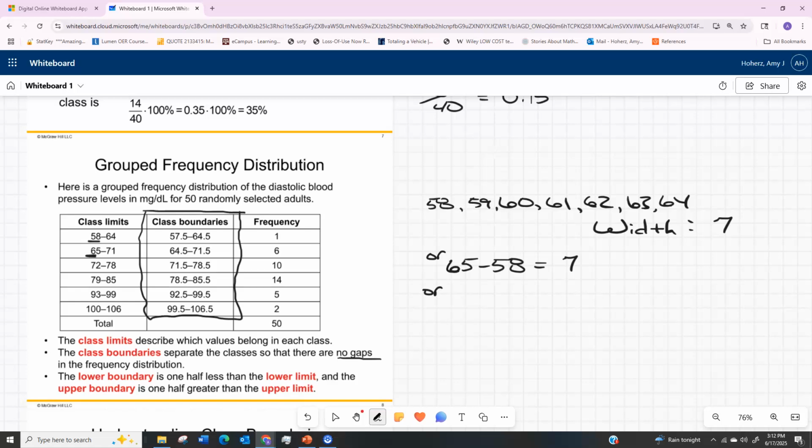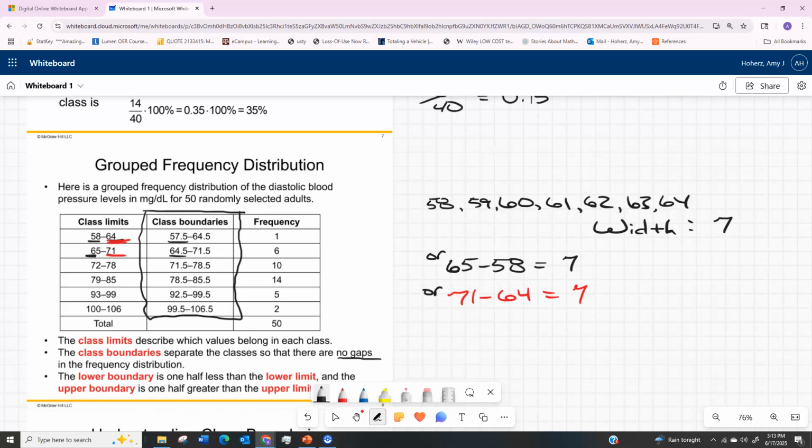Or we could go from the upper to the upper. I'll mark it here. Let's mark it with a different color. So we could go from the upper of this one to the upper of the previous one. So 71 minus 64 is also 7. And then you can do a similar method with the boundaries.